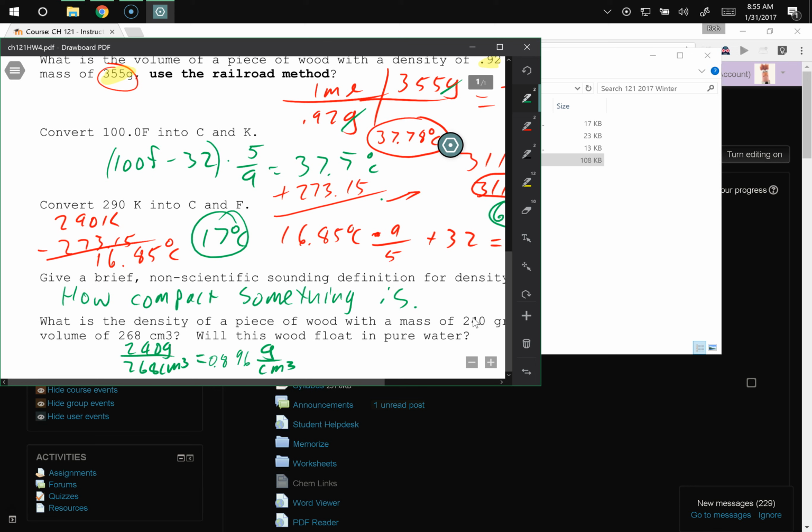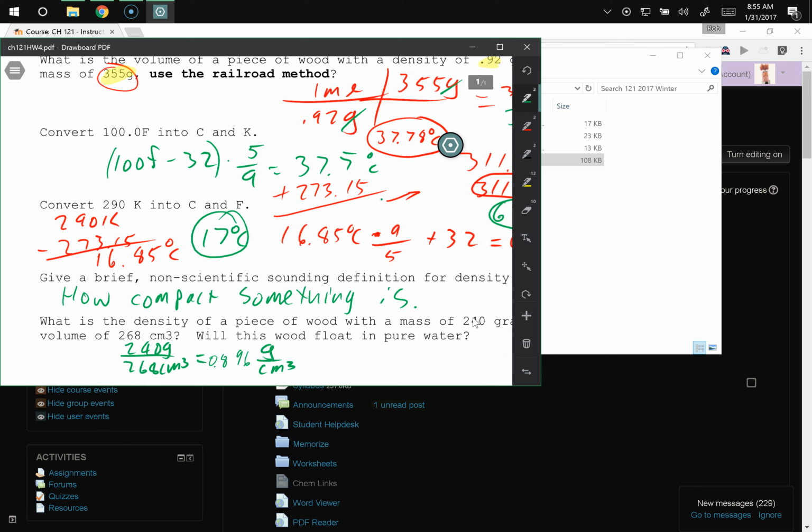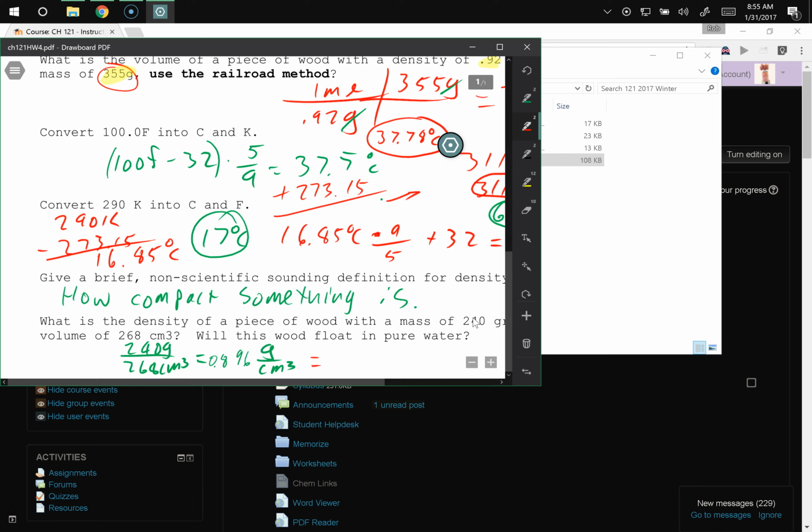0.896. How many sig figs do I get? 2, because of the 240. So this one's a little tricky. What's my answer? 0.90 grams per centimeter cubed.